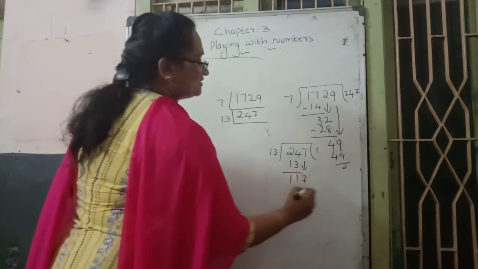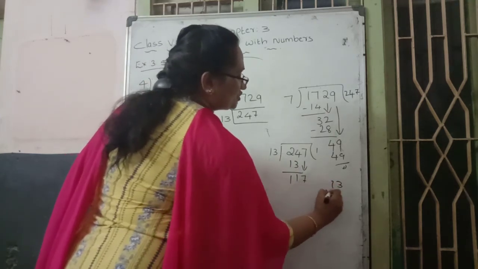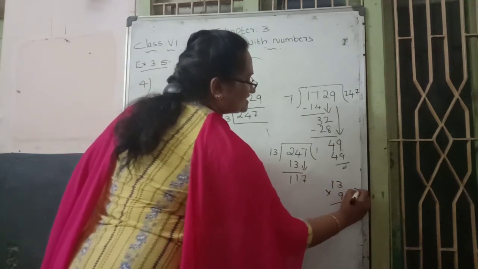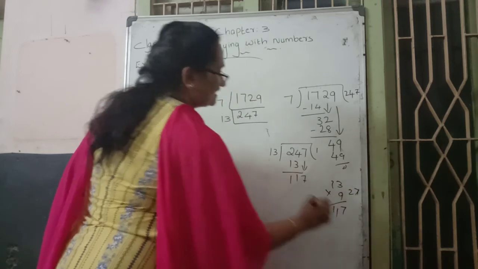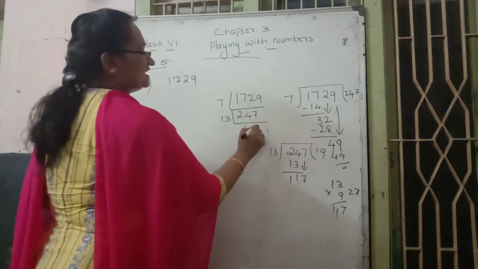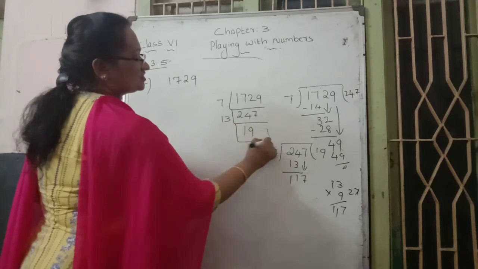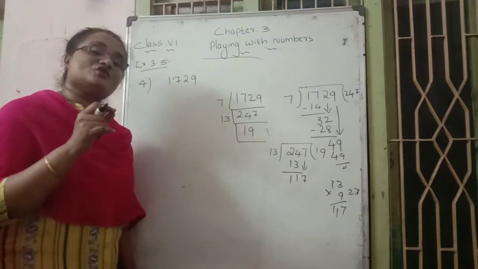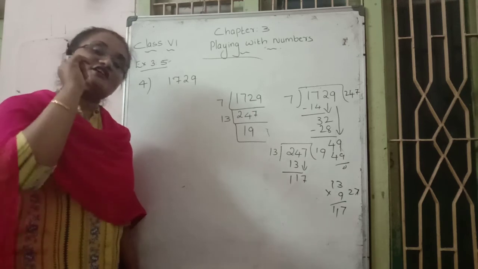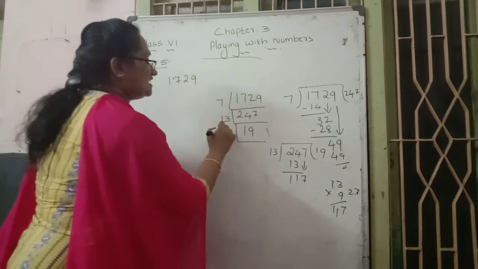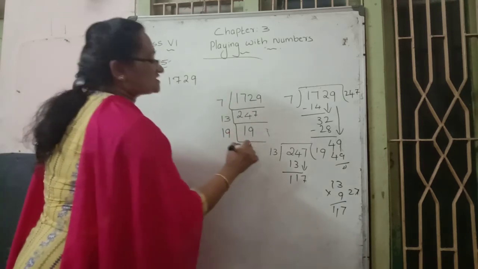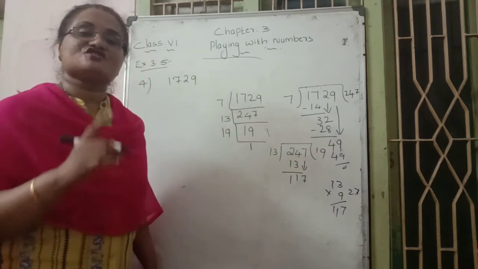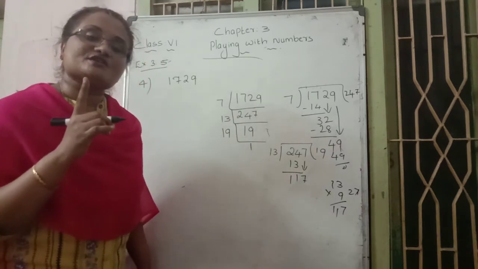So 13 table, 13 into 9 becomes how much? 117, so 19. Here the quotient becomes 19. 19 is a prime number, that's why only the 19 table belongs. So we use prime number 19 and divide, the same number division. The answer becomes how much? The quotient becomes 1.